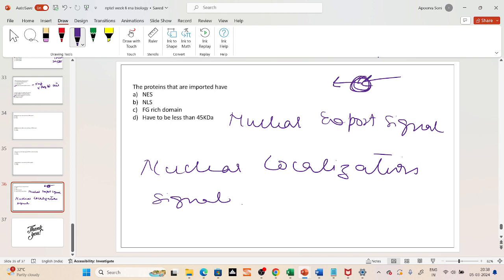So proteins are imported means by default it should come in your mind that it is going inside the nucleus. Okay, because this might be confusing. That means the signals which are needed are nuclear localization signals. And what is FG rich domain, why is it used? FG rich domain, where is it present?